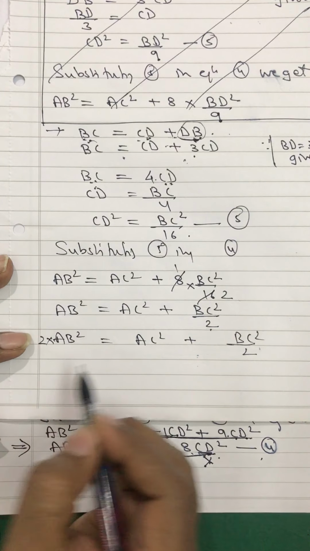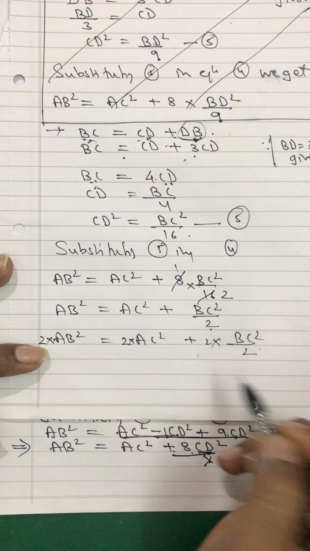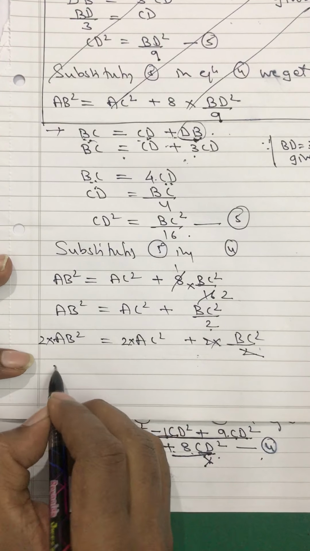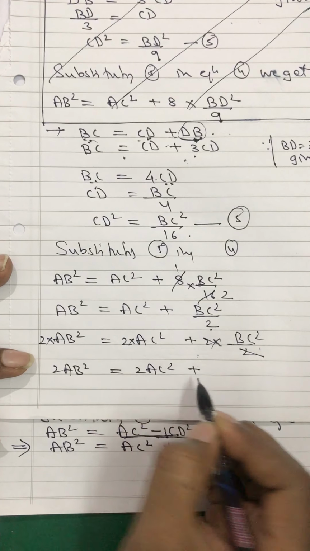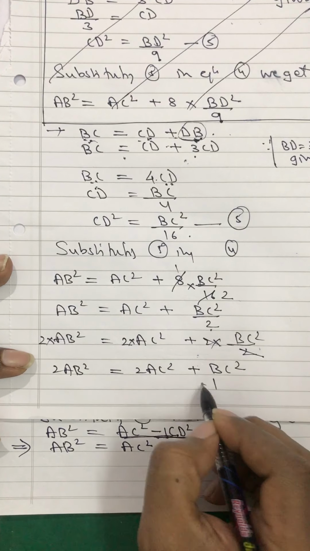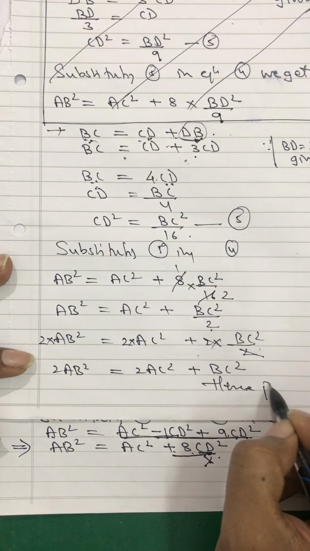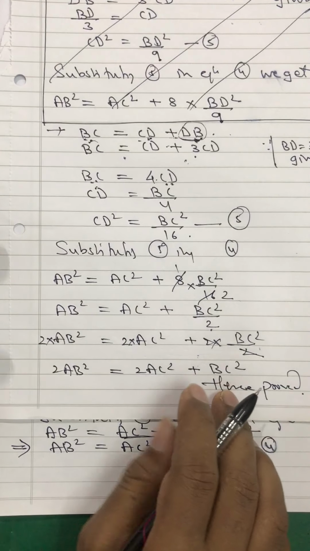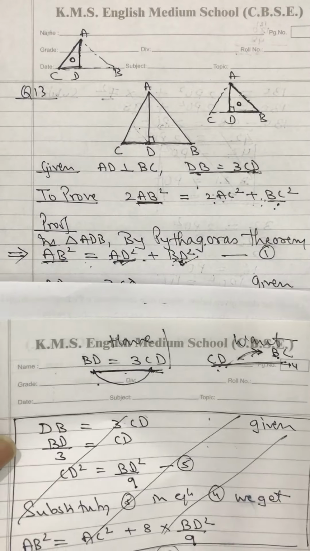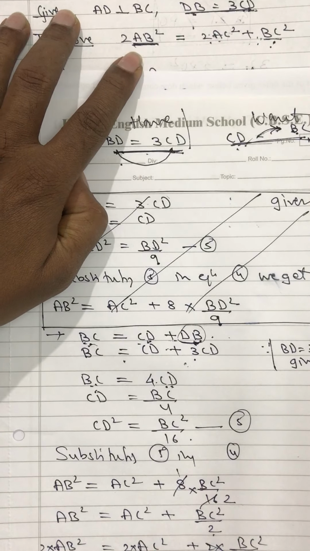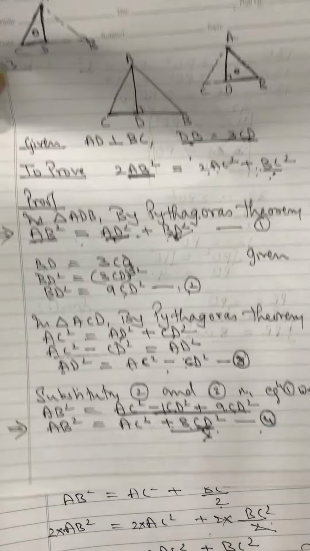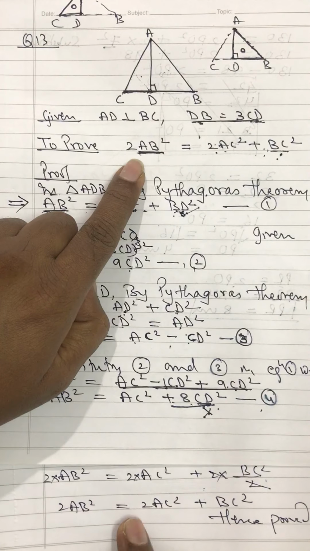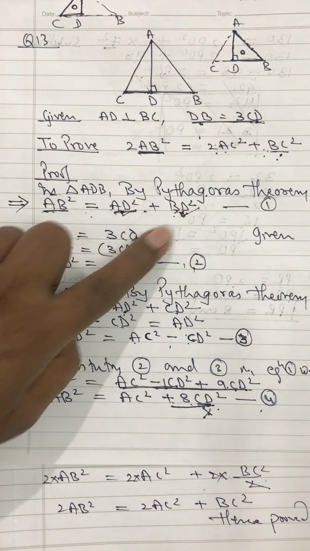Multiply this by 2, multiply this by 2, and also multiply this by 2. This will go. So 2AB square is equal to 2AC square plus BC square. This is what we want.